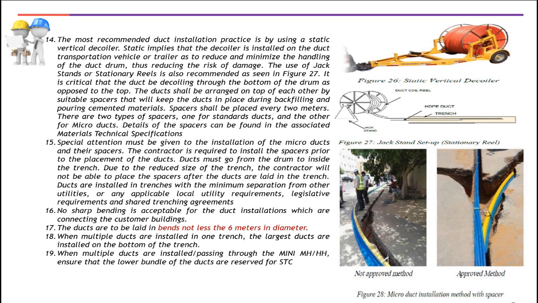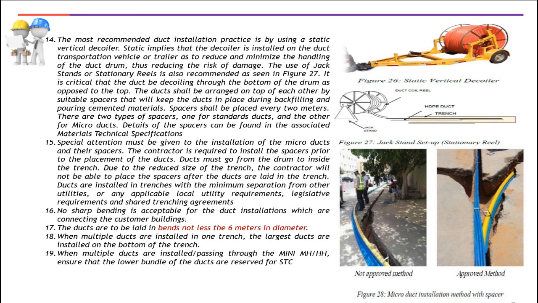Ducts are installed in trenches with a minimum separation from other utilities, or any applicable local utility requirements. The ducts are to be laid in bends not less than 6 meters in diameter.